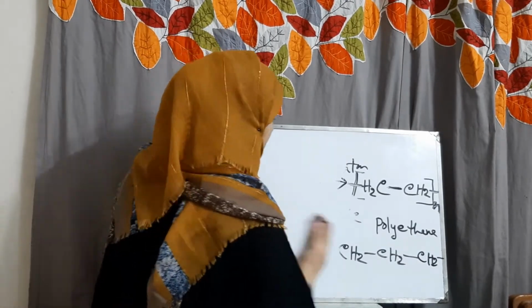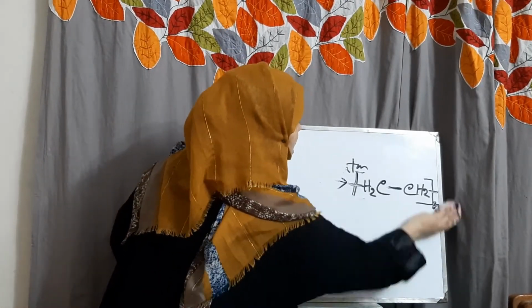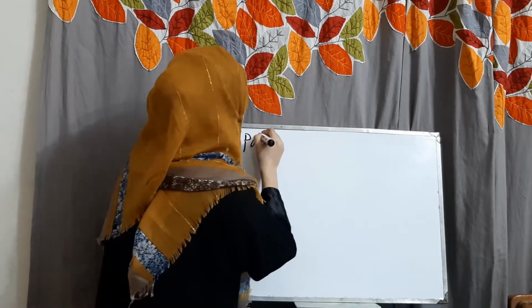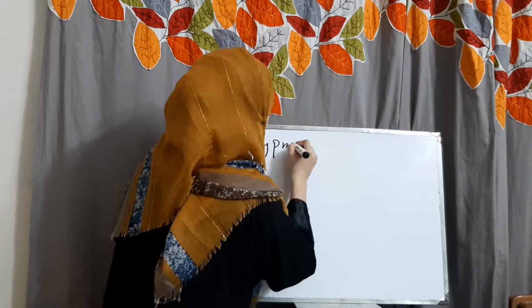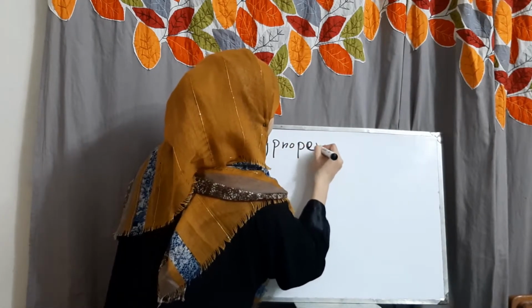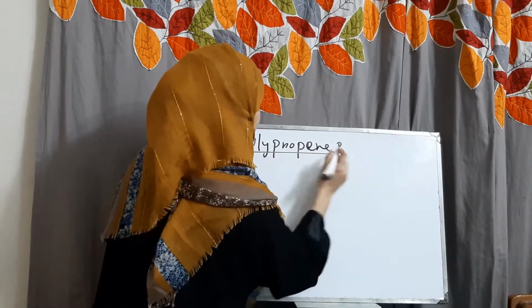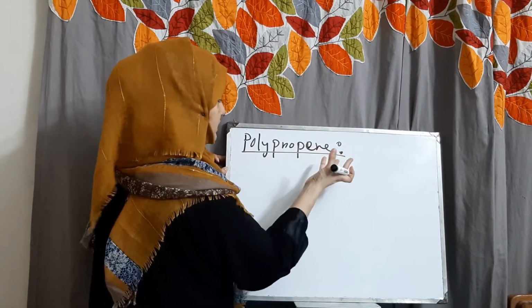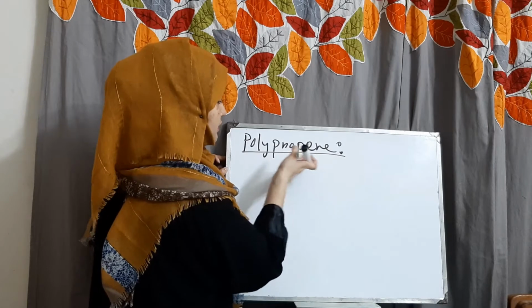We have to learn about some more examples. Now we have to prepare polypropylene. Polypropylene. From this name, we can easily say what the monomer will be. Propene.